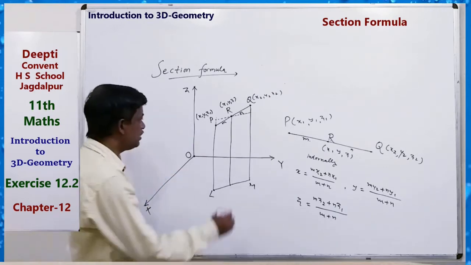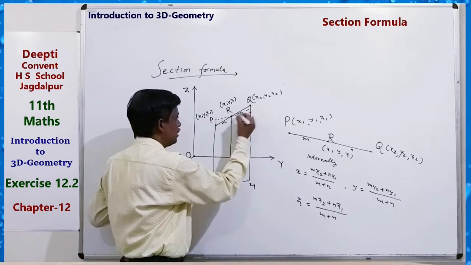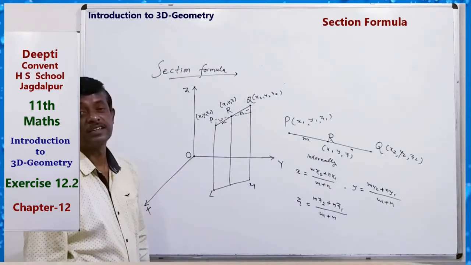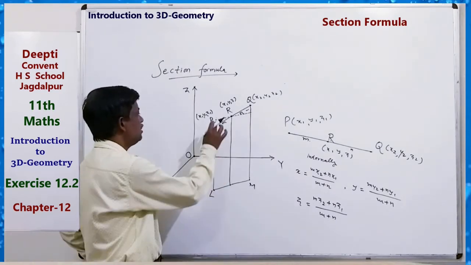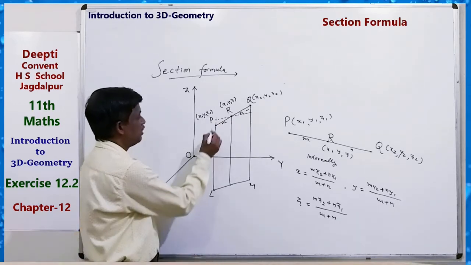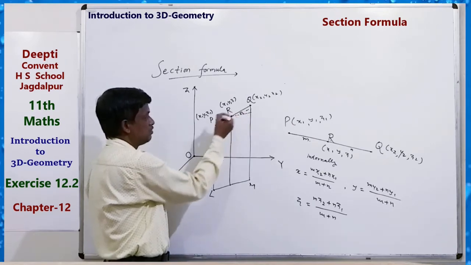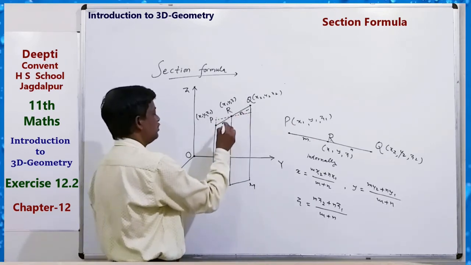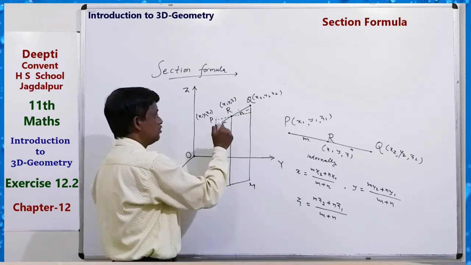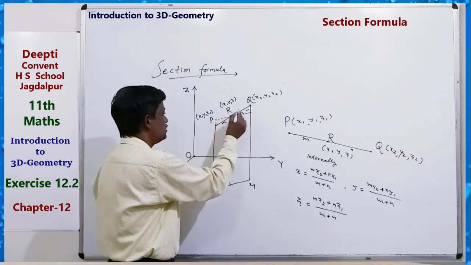Now in these two triangles, because they are similar, by using similarity we can use m by n equals this by this, equals this by this.